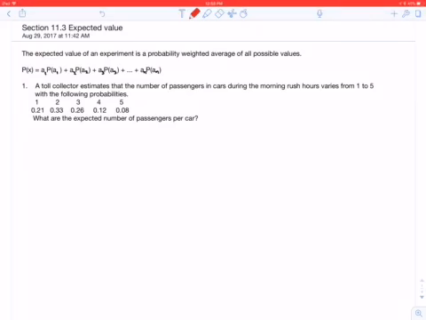So to find the expected value, we'll take each amount times the corresponding probability.